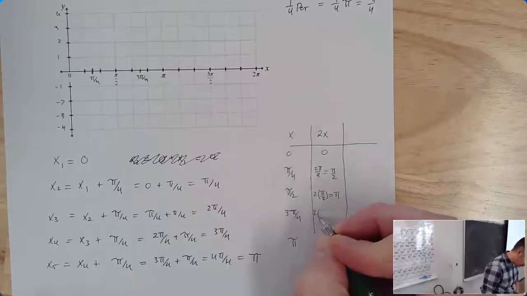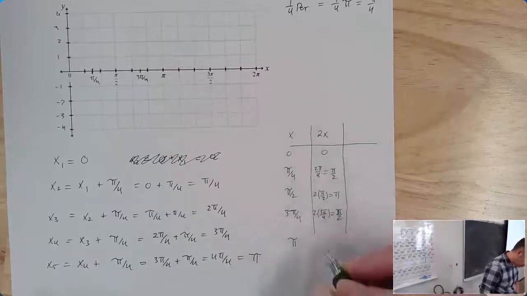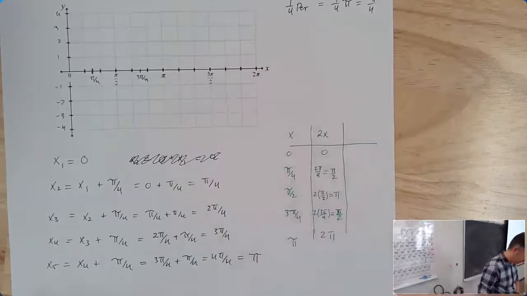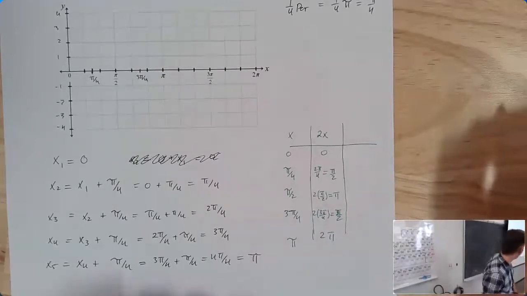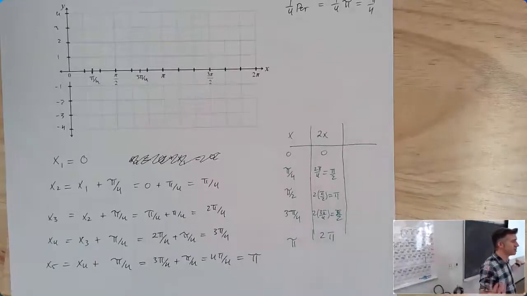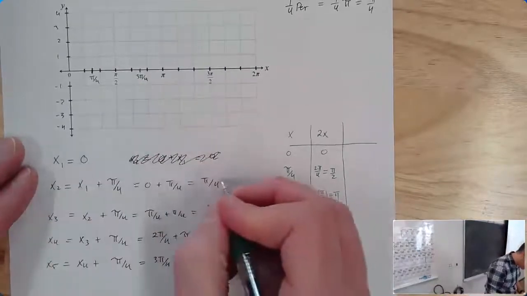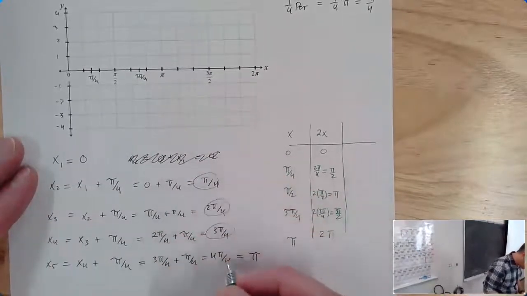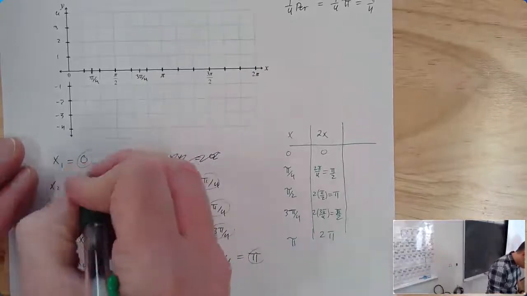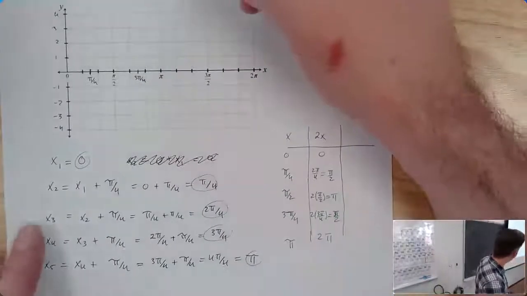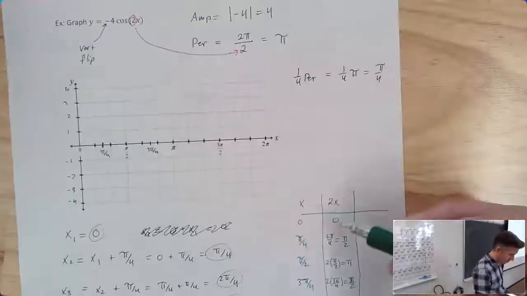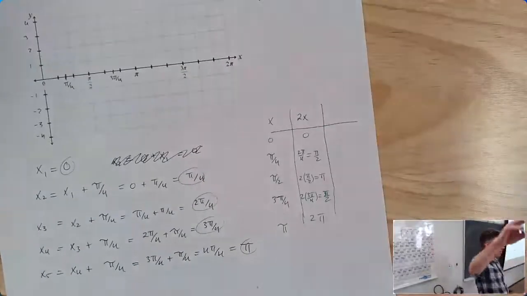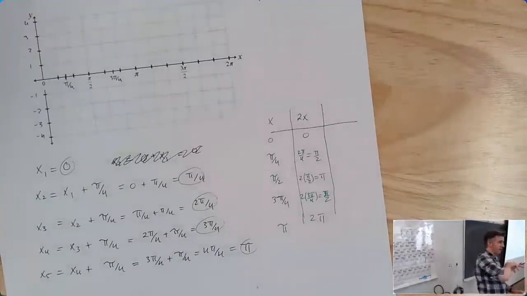And 2 times 3 pi/4 is 3 pi/2. And 2 times pi is 2 pi. Those are exactly the angles that we started with when we were just graphing sine and cosine. That's the whole point. That's why we're finding these 5 important values here, because when we multiply them by whatever they're actually being multiplied by here, you get back the original 0, pi/2, pi, 3 pi/2, and 2 pi.